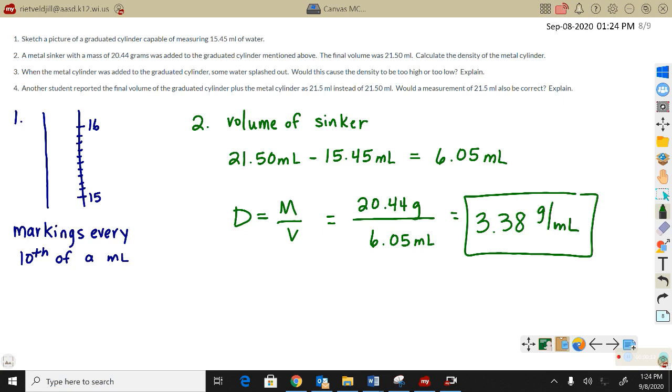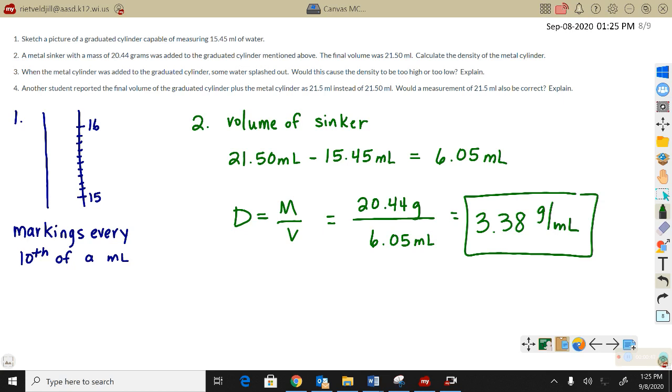Now, you didn't have to show the entire cylinder, it was just a portion, but the key is that we should be able to measure every tenth of a milliliter, so the markings should be every tenth of a milliliter, and then I can estimate the hundredth, so there should be a line somewhere for 15.4 milliliters, so that then I can estimate the 0.45. So any portion of a graduated cylinder marked off to the nearest tenth of a milliliter gets you a point.